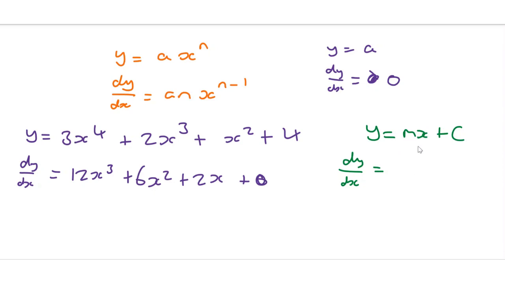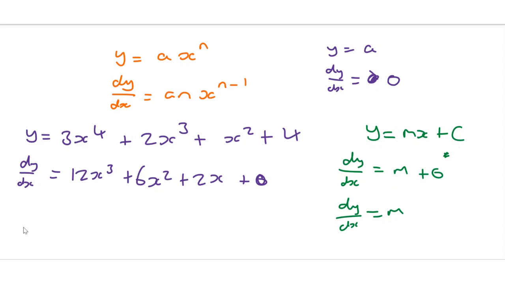So now we've got 1 times m, x to the 0 is 1, so we get m, and then c is a constant, so we get 0. So dy dx is m, so that verifies that in the case of the straight line, the derivative does give us the gradient at that point. Of course, the gradient's always m for straight lines.